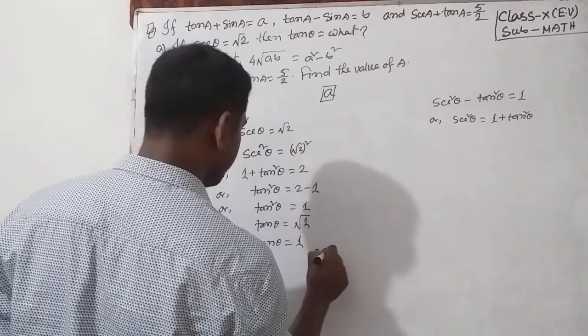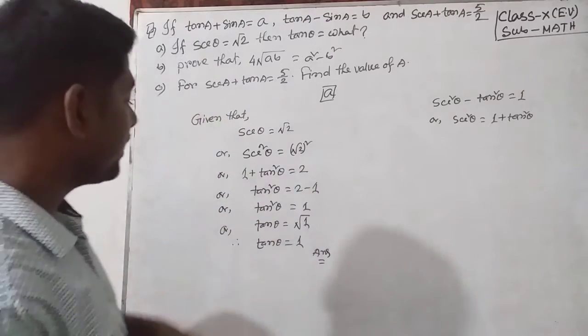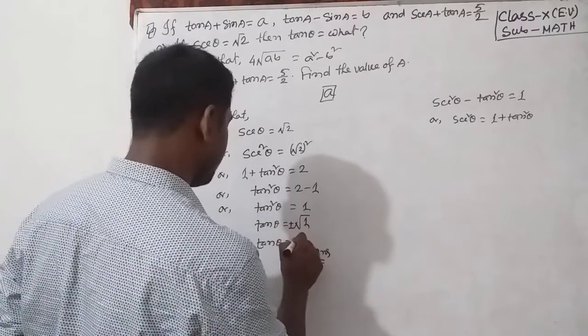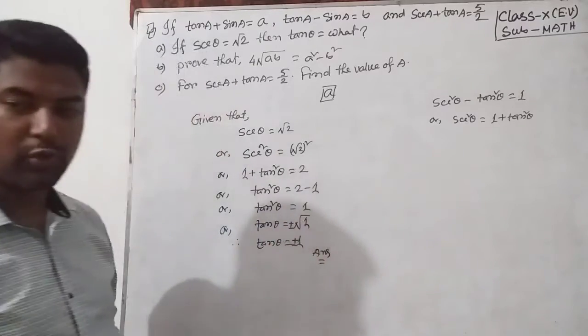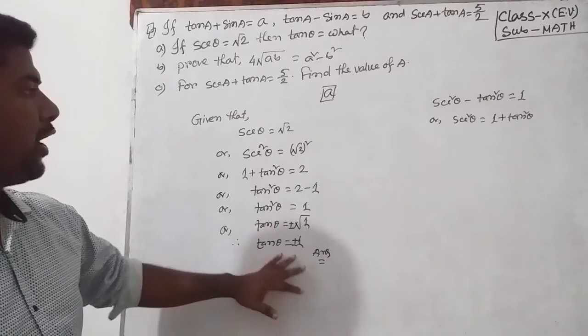This is the answer. Now we can write tan theta equals plus minus root over 1. Okay, I hope everybody understands.